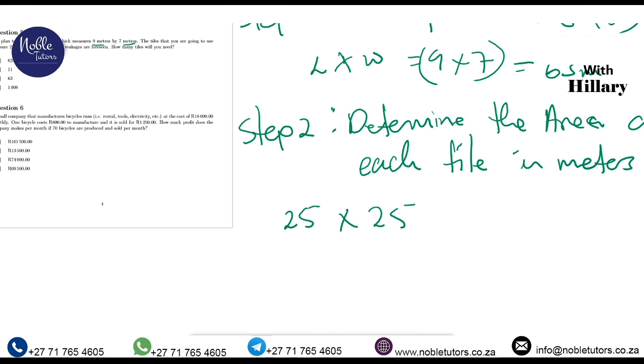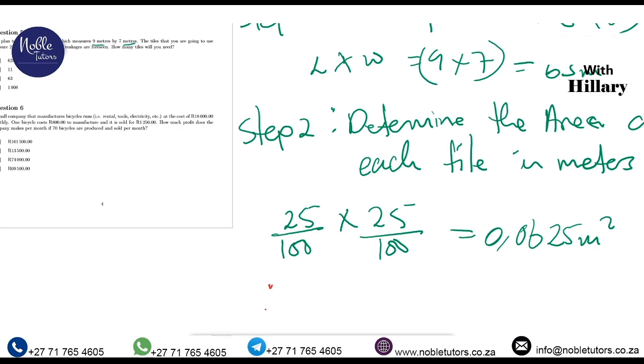We remember there are 100 centimeters in 1 meter. So here we have centimeters, and we divide by 100 so that it will be in meters. If you say 25 over 100 times 25 over 100, the answer we get is 0.0625 square meters. So each tile that you are going to use covers 0.0625 square meters of space.